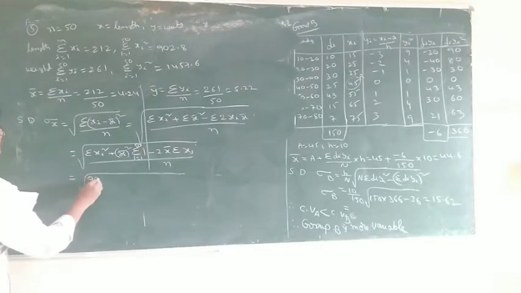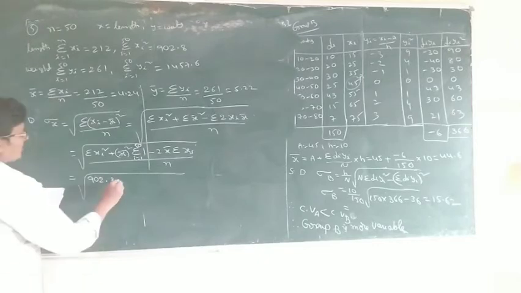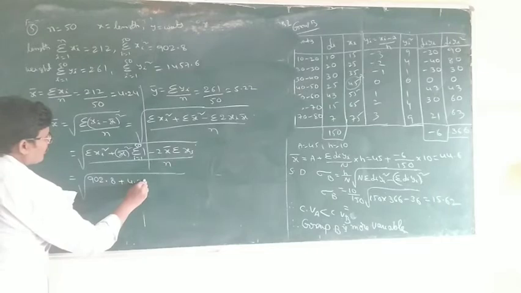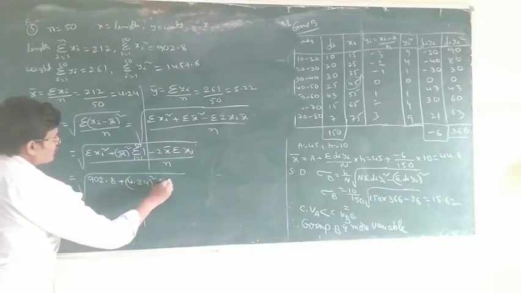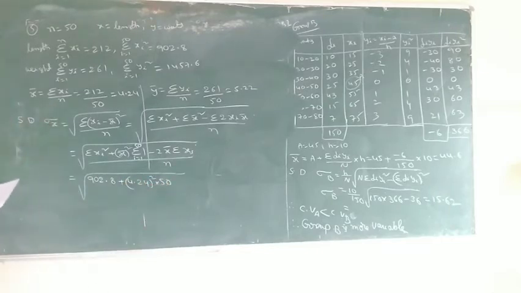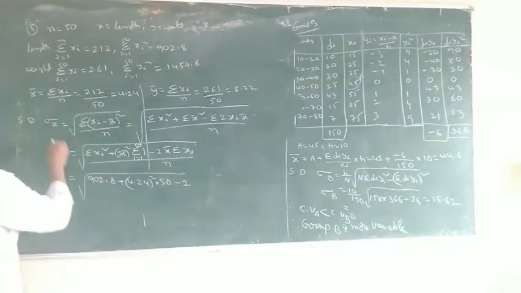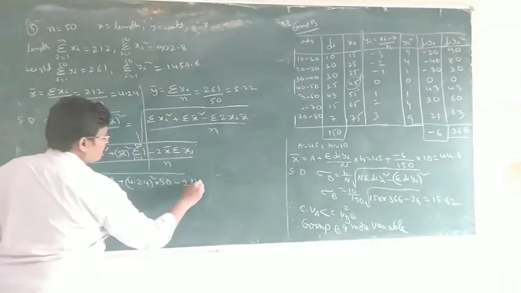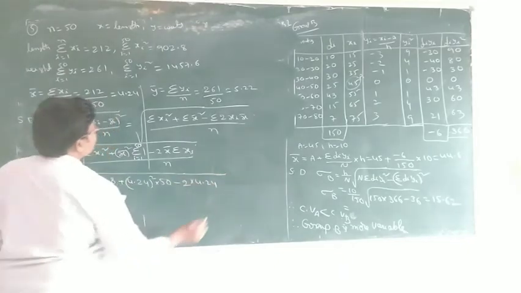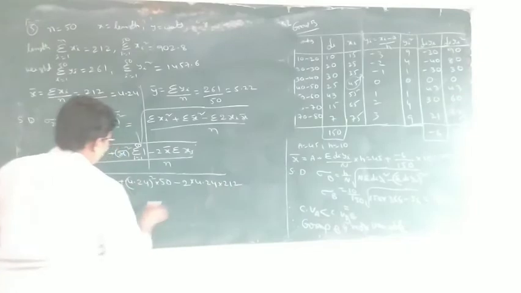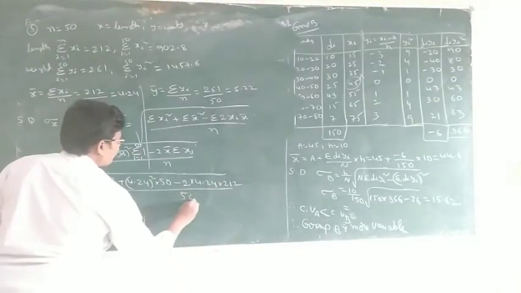So that is equal to root of Σxi square. Σxi square is equal to 902.8, plus x bar whole square. X bar is equal to 4.24 whole square, into Σ1 which is 50, i equal to 1 to 50. Next, minus 2 into x bar, which is 2 into 4.24 into Σxi, and Σxi is 212, all divided by 50.